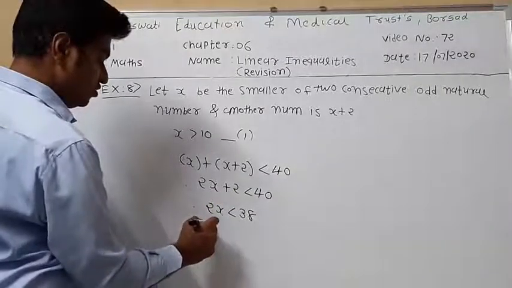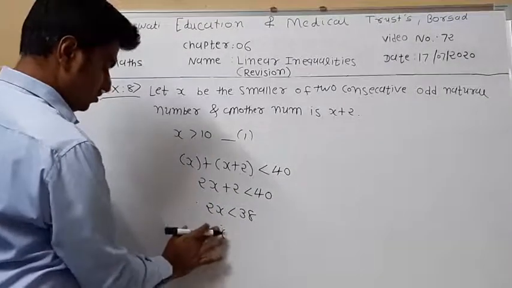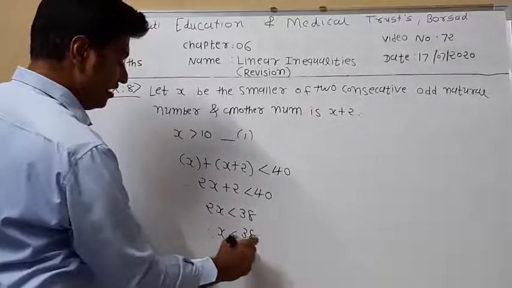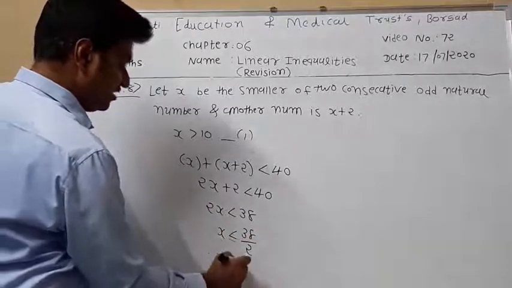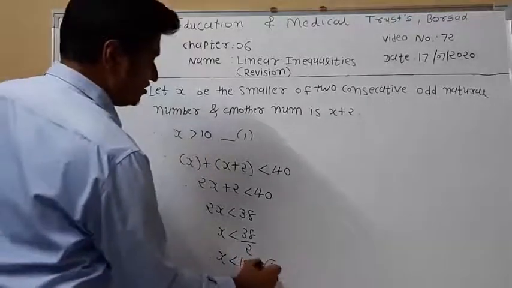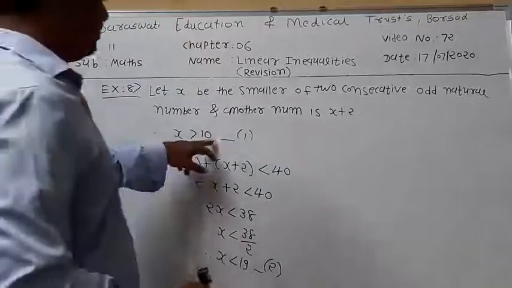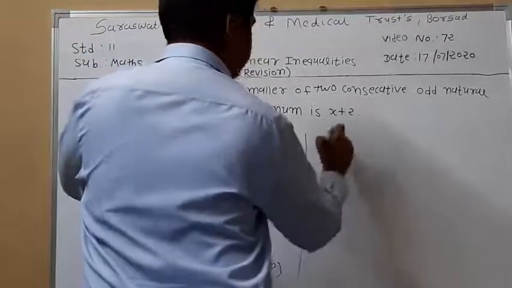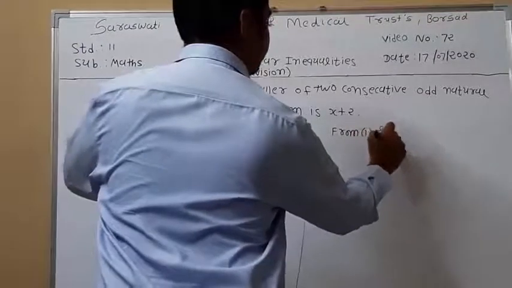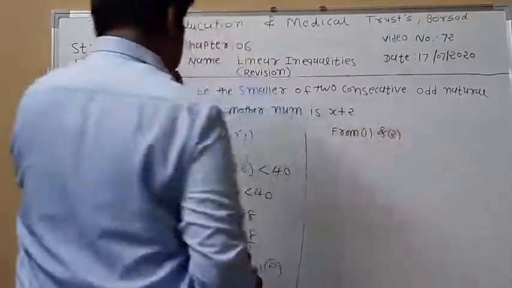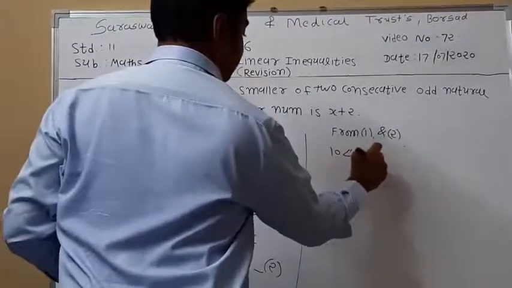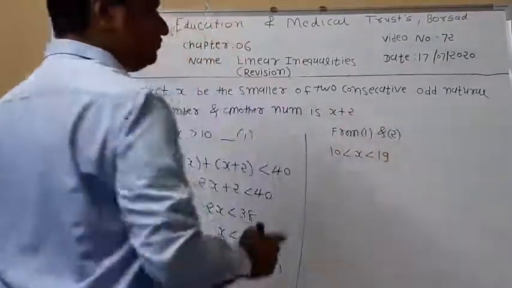So x less than 38 divided by 2, so x less than 19. This is equation number 2. Now from 1 and 2, 10 less than x less than 19.